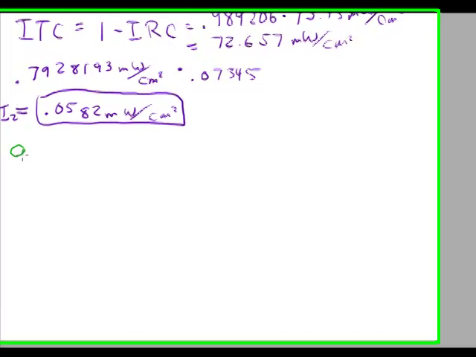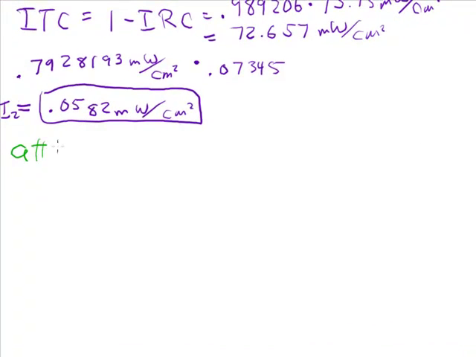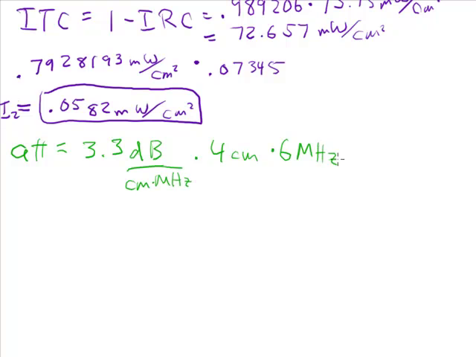First of all, the attenuation through the muscle is 3.3 decibels per centimeter per megahertz, and then 4 centimeters is the distance I'm traveling through that muscle tissue times 6 megahertz frequency.